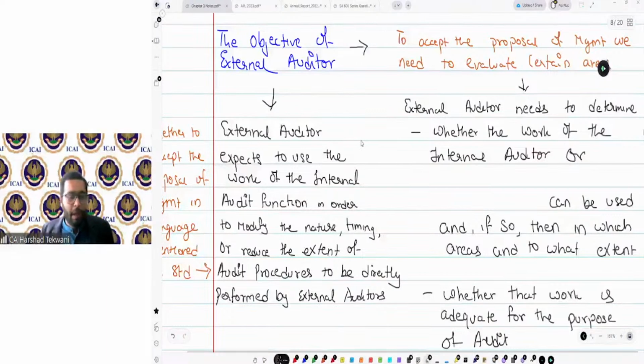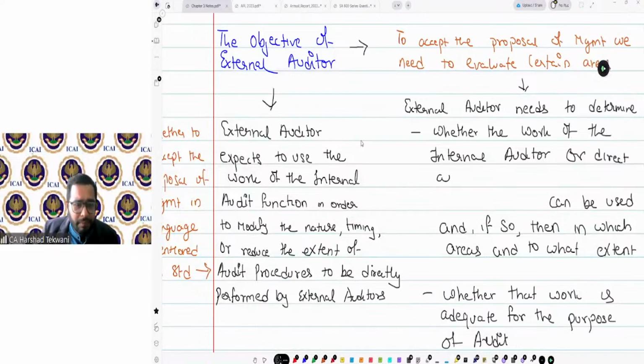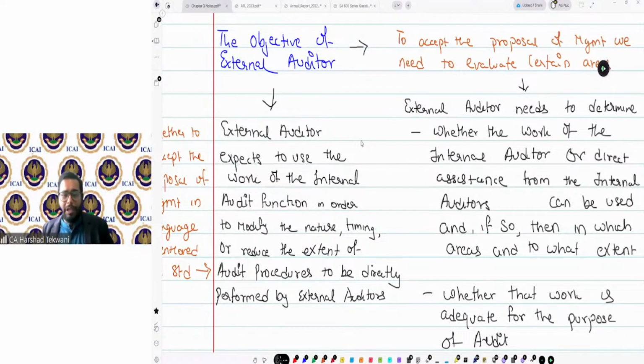It says whether the work of the internal auditor or direct assistance from the internal auditors can be used, and if so, in which areas and to what extent. Direct assistance is the second proposal.